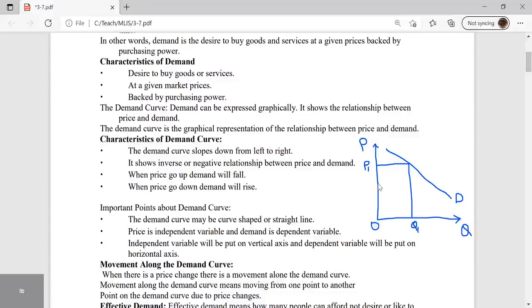Now, if the price falls to P2, what will happen? Quantity demanded will rise, right? Because think about your favorite food. If the price falls, we tend to buy more, right? So let's use an arrow over here.